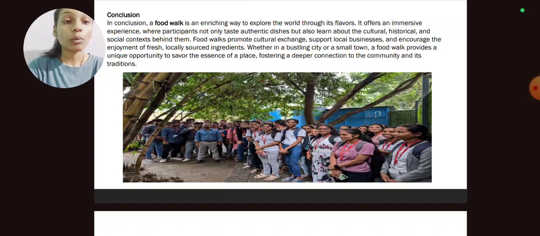Food walks promote cultural experiences, support local businesses, and encourage the enjoyment of fresh, locally sourced ingredients. Whether in a bustling city or a small town, a food walk provides a unique opportunity to savor the essence of a place, fostering a deeper connection to the community and its traditions.